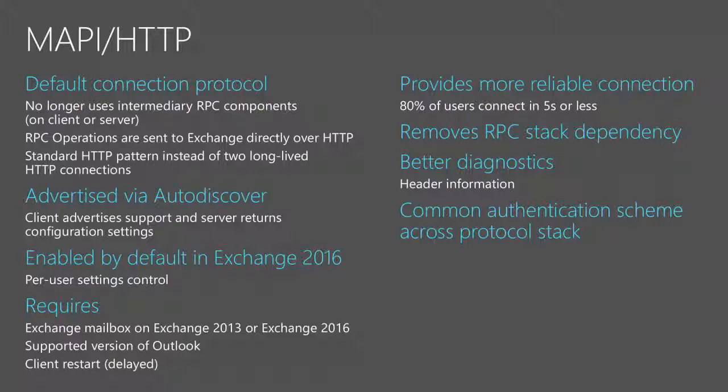The challenge with that is the RPC stack itself is not owned by Exchange. It's owned by Windows, so Windows controls what happens to that code. And out of the entire Windows ecosystem, the RPC stack is the most widely used protocol. So the Windows team is very leery about making any changes, because you could destabilize the entire Windows RPC ecosystem.